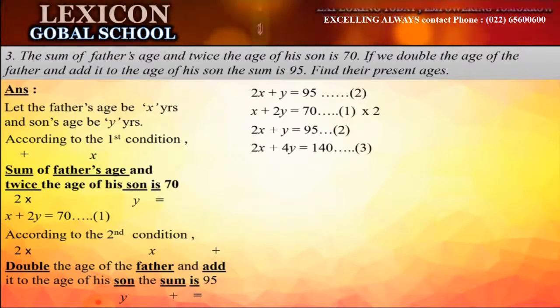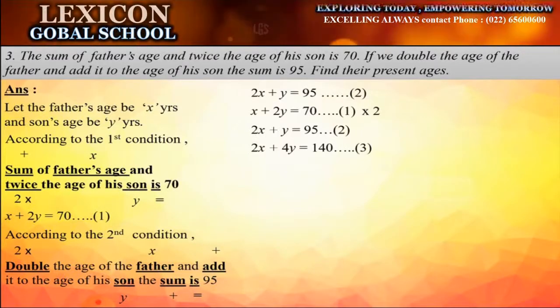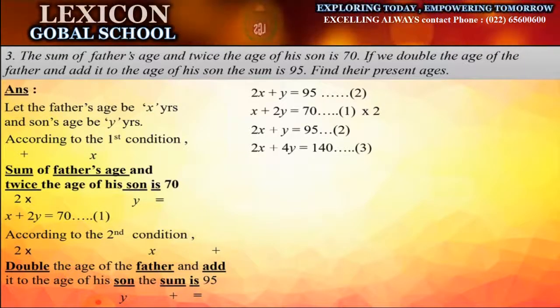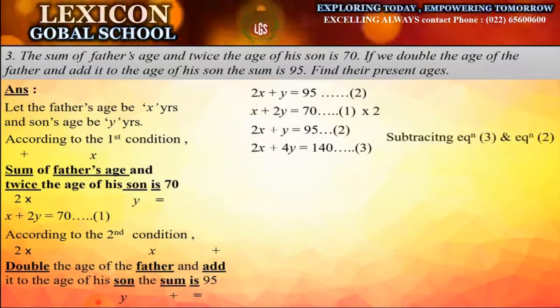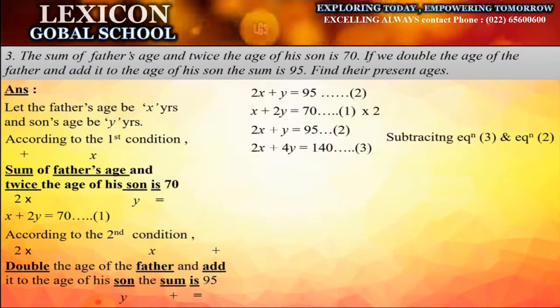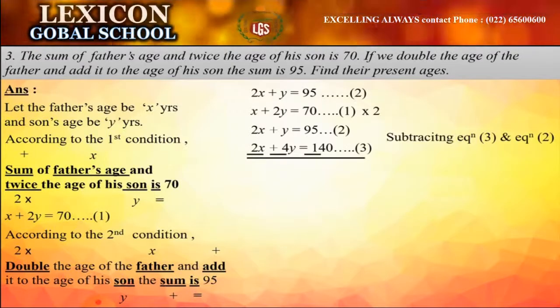This is our equation number 3. For the variable x, the coefficients have become the same, but the signs are also the same. Therefore, we are going to carry on subtraction to get opposite signs. So, subtracting equation 3 from 2, when you subtract, the signs change.